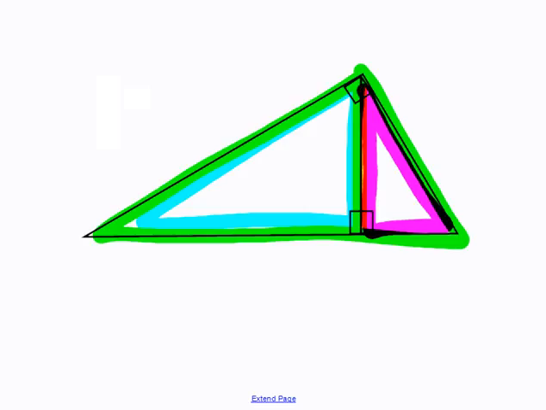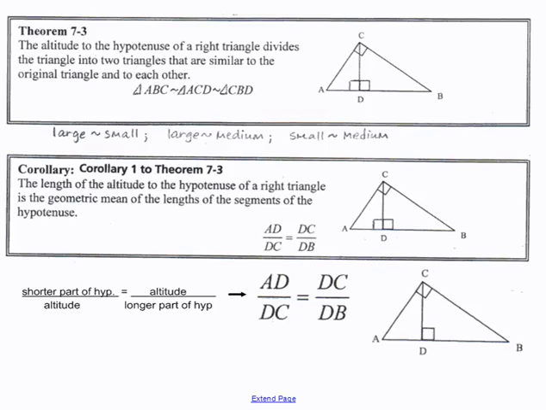So basically, we have 3 similar triangles. We have the green one, the blue one, and the pink one. Those are all similar triangles. So now we've got some theorems that go along with that, some corollaries and theorems.